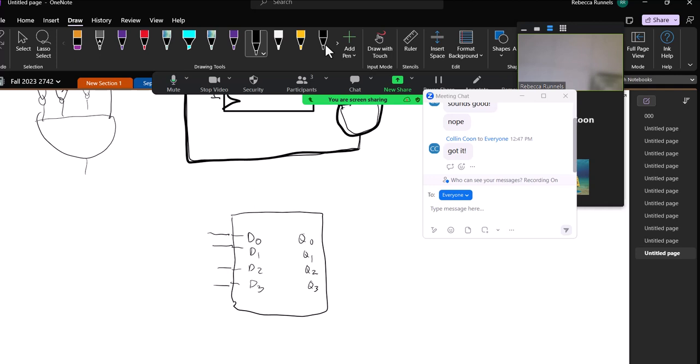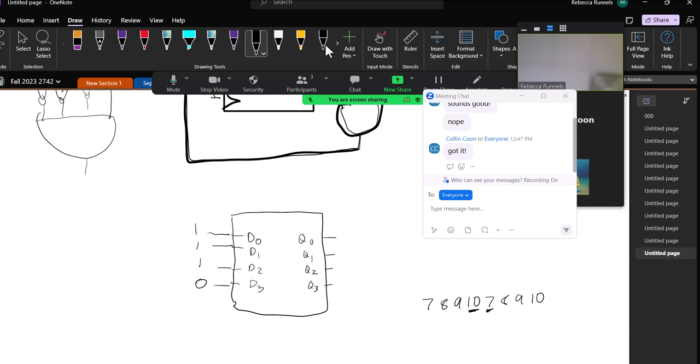So if I wanted to go 7, 8, 9, 10, 7, 8, 9, 10, I want to detect a 10 and load a 7. So I would have a 7 right there, and then I'd want to detect a 10.